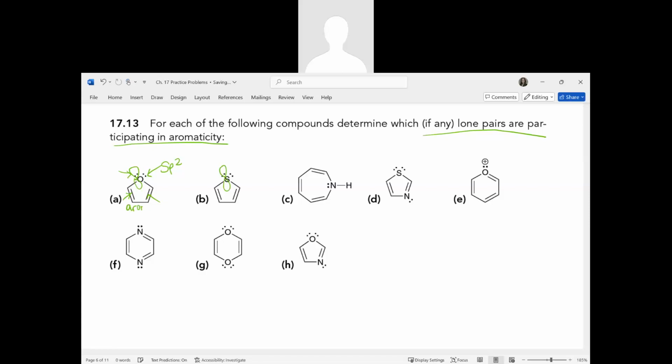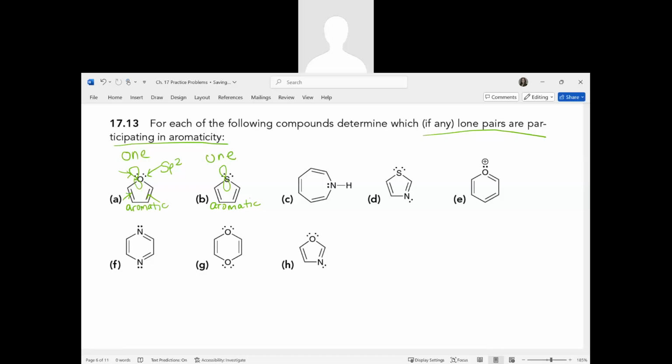So this one would be aromatic, and also this one would be as well. So again, the other lone pair would occupy an sp2 hybridized orbital and extend away from the ring. So one would contribute. So we have one pair here, one pair here.